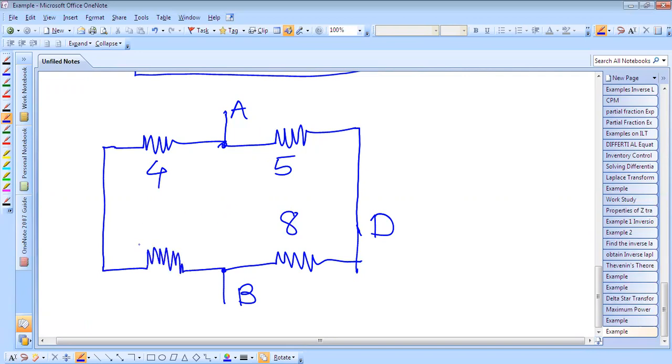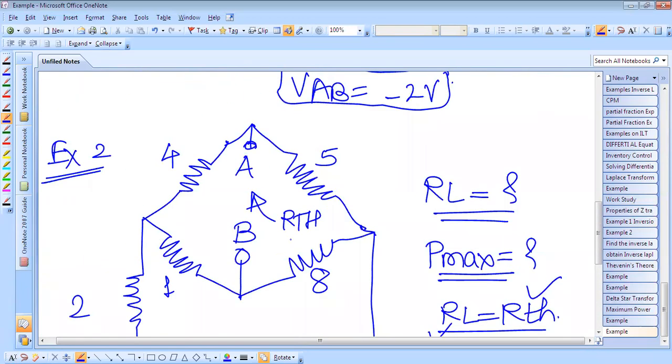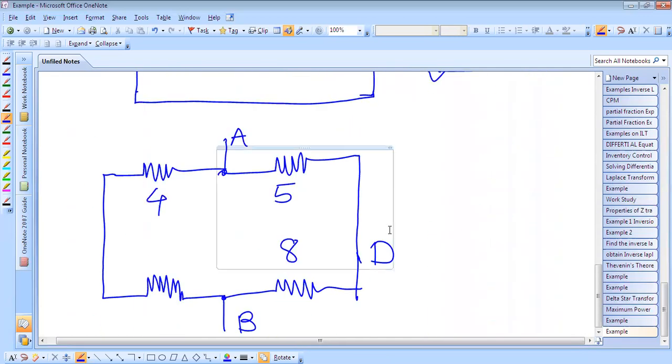Okay, so this A, B, and this terminal is C, and this is D. Okay, so I can say here it is a C terminal.